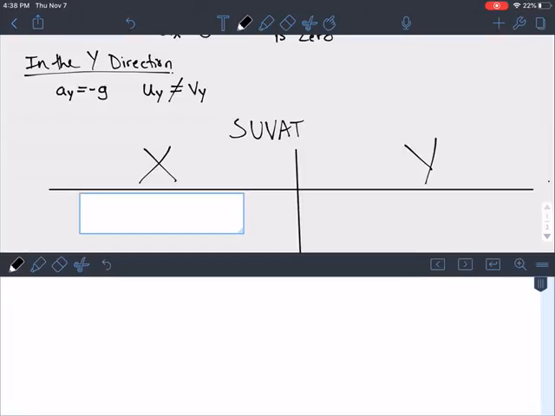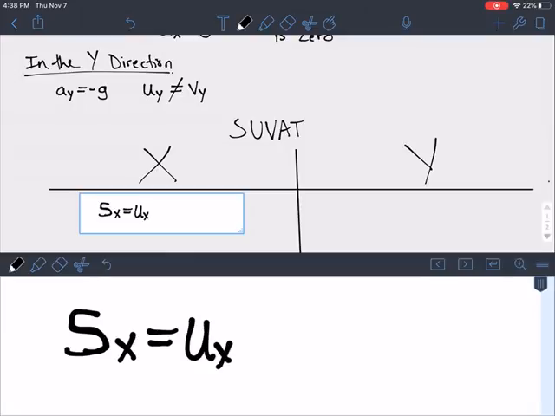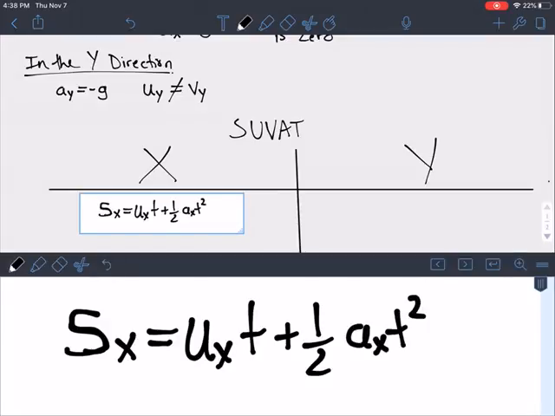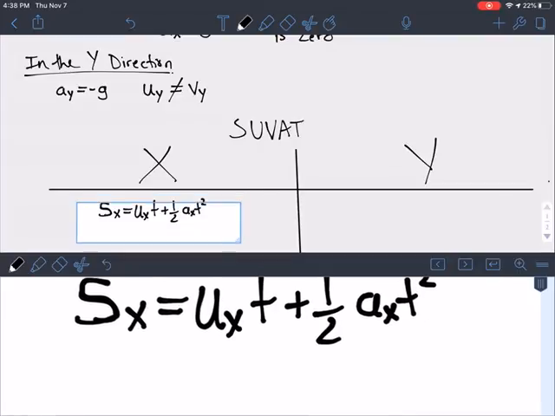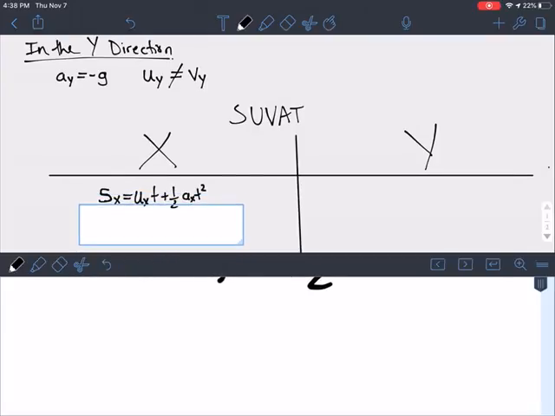So in the X direction, I'll write down that displacement in the X direction is equal to initial velocity in the X times time plus 1/2 AX t squared. Same equation as we had in 1D motion. We've just added the subscripts to let you know that we're in the x direction. We're dealing in the horizontal.